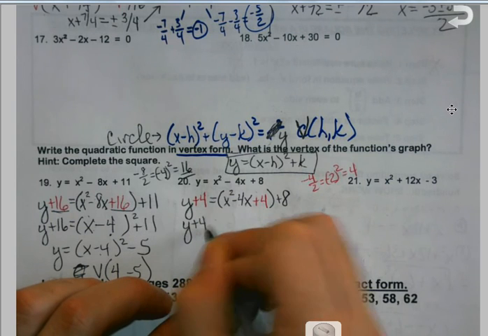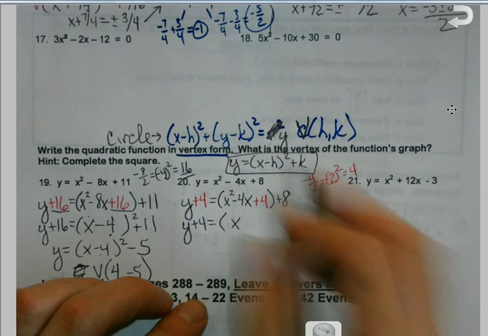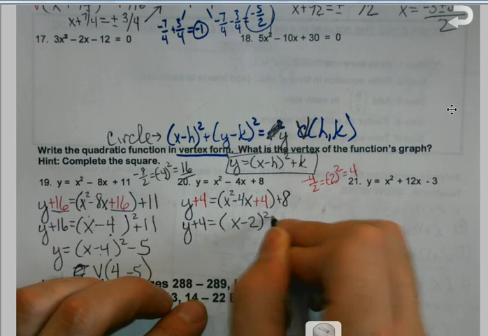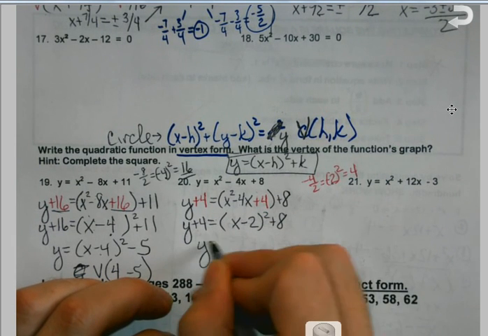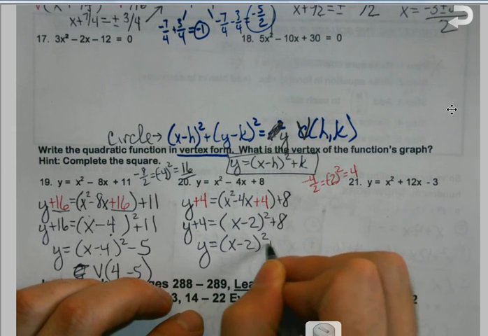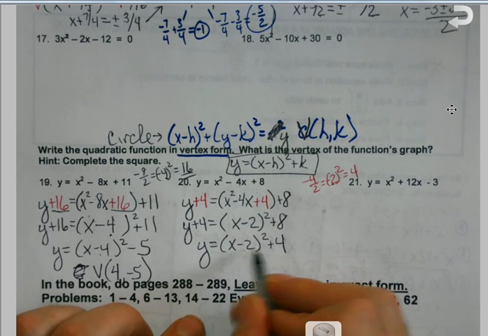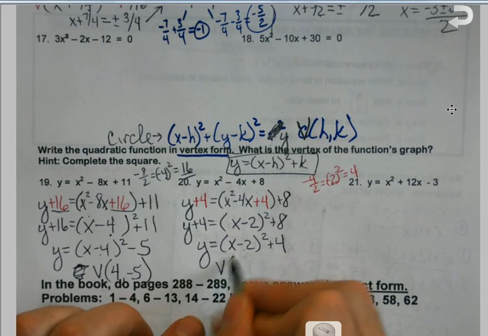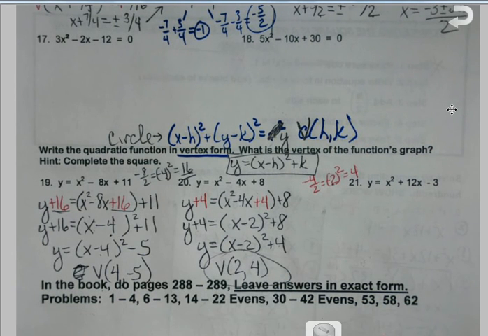Get my isolated x's into their binomial form, again, by looking at my b divided by 2, and minus my 4 over. And then I can get my vertex again. The opposite of -2 is 2. Keep my 4, and I've got my vertex.